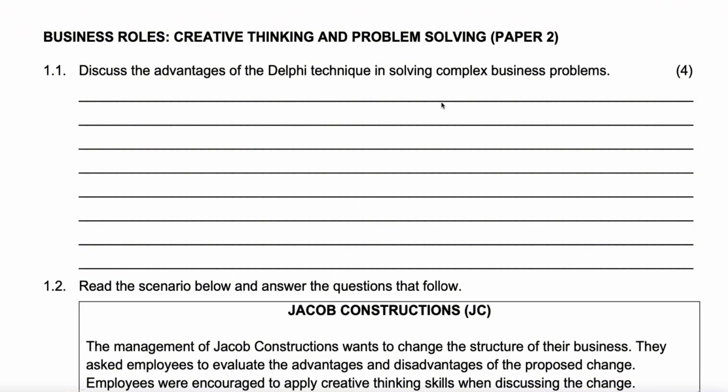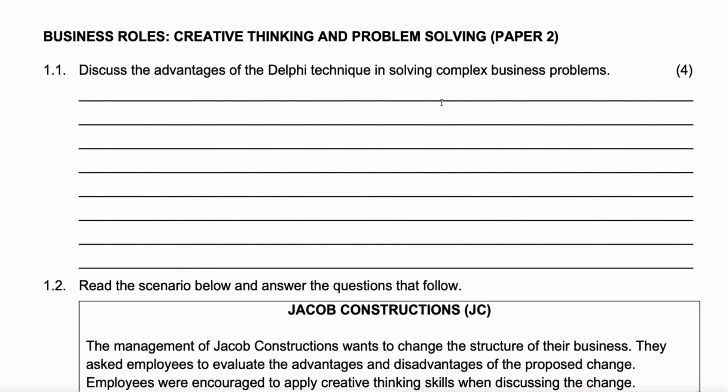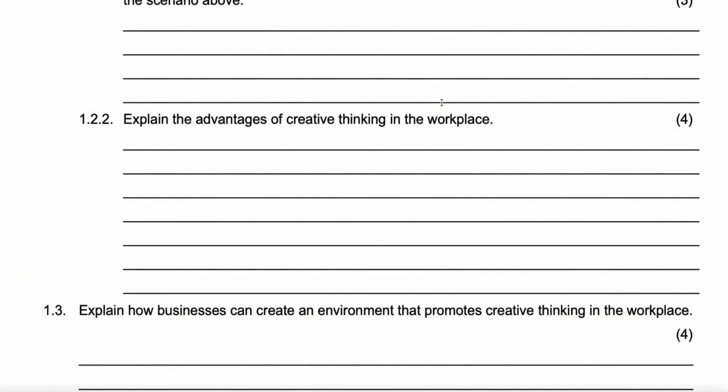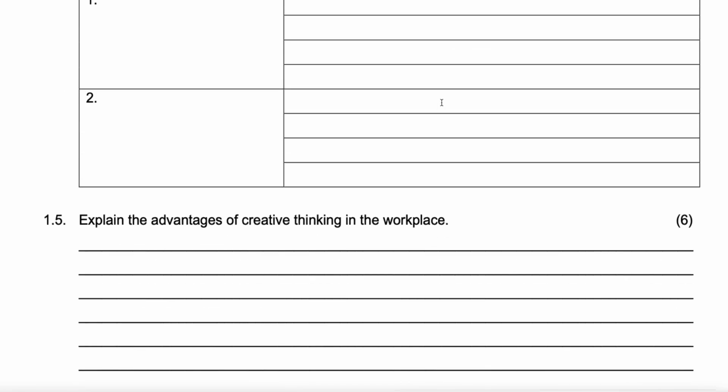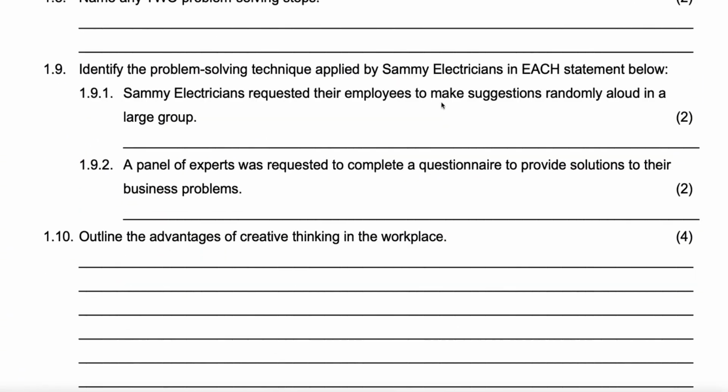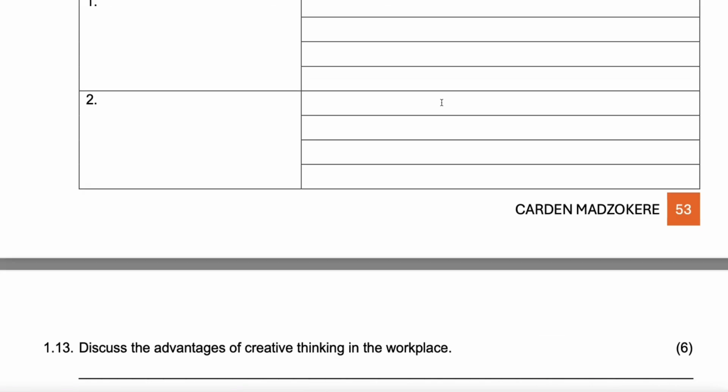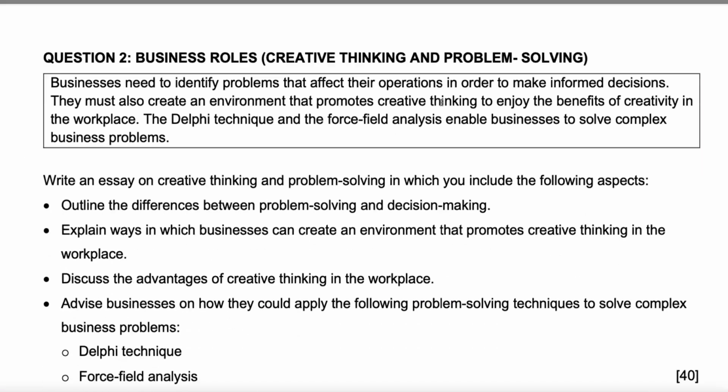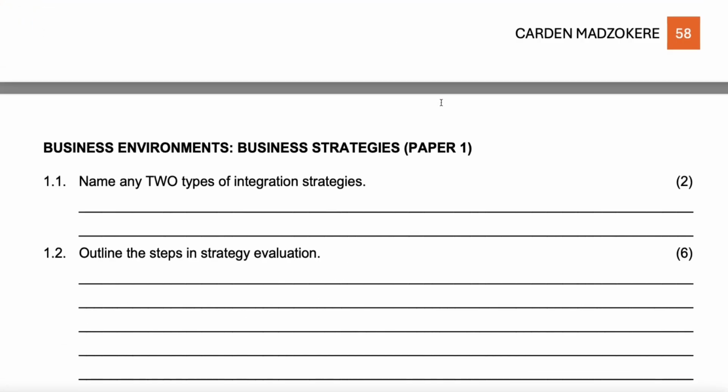Okay, that's all. Then we have creative thinking and problem solving. That's paper 2 as well. So we have all our questions on creative thinking and problem solving, as you can see. And here is essay 1. And that's it. So there was only one essay.